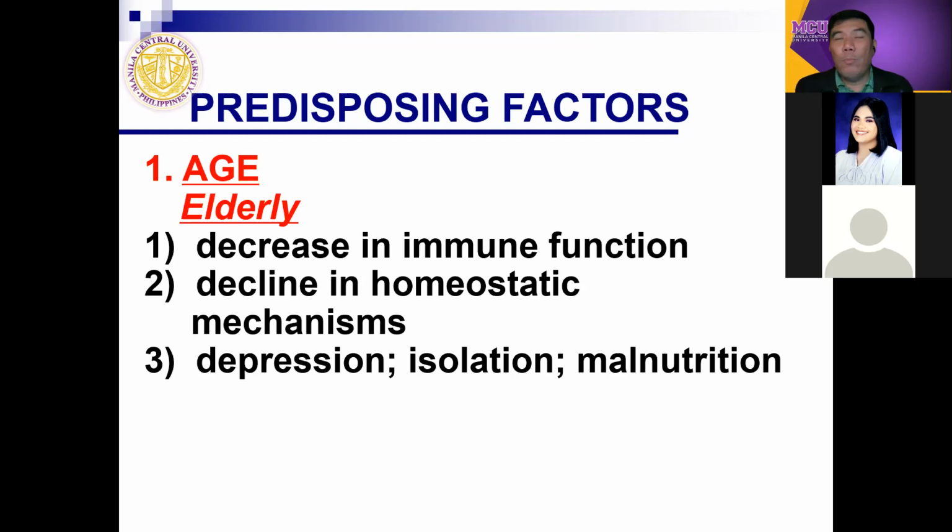For the isolation, most ng mga elders natin ay nagsa-self-isolate because they interpreted that they are not anymore contributing to the household chores, they are not anymore contributing to the income of the family. They are useless. In short, they feel they are useless. So that's why they do have isolation. This is not the isolation that we are referring to as quarantine.